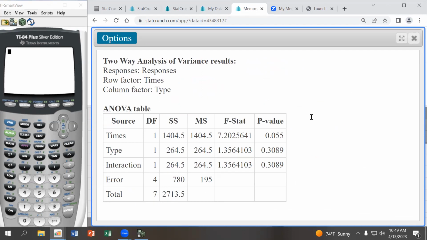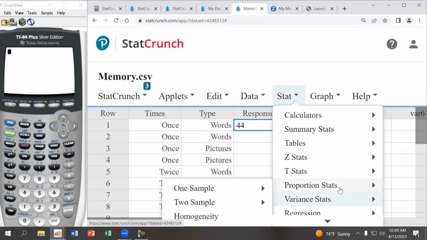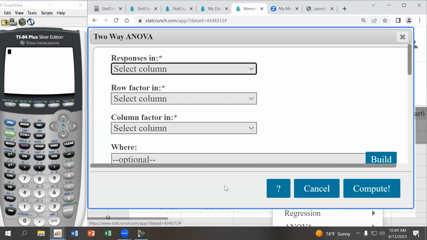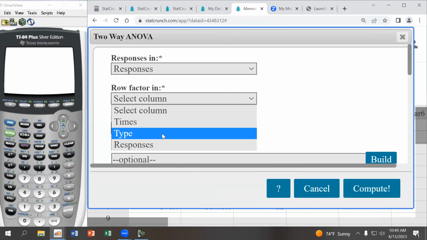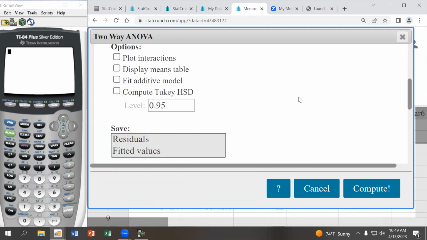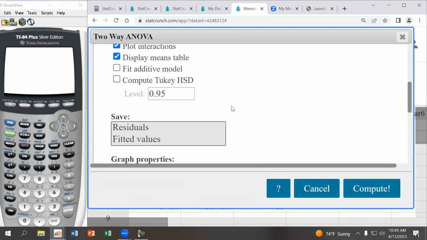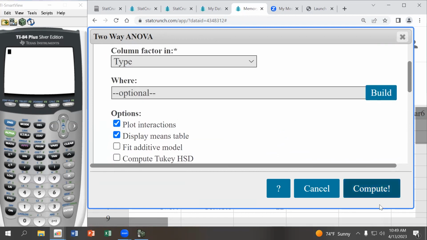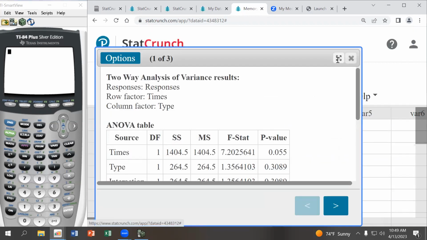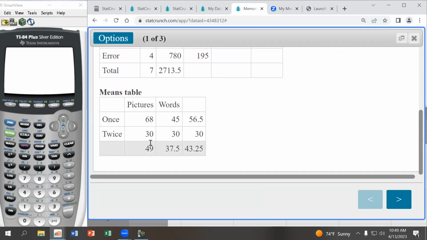Let's go to the row means table. Start that and select. You've got to select these, or else it's not going to show. ANOVA means table, 68 plus 30 divided by 2, 49, 37.5. Order doesn't matter.